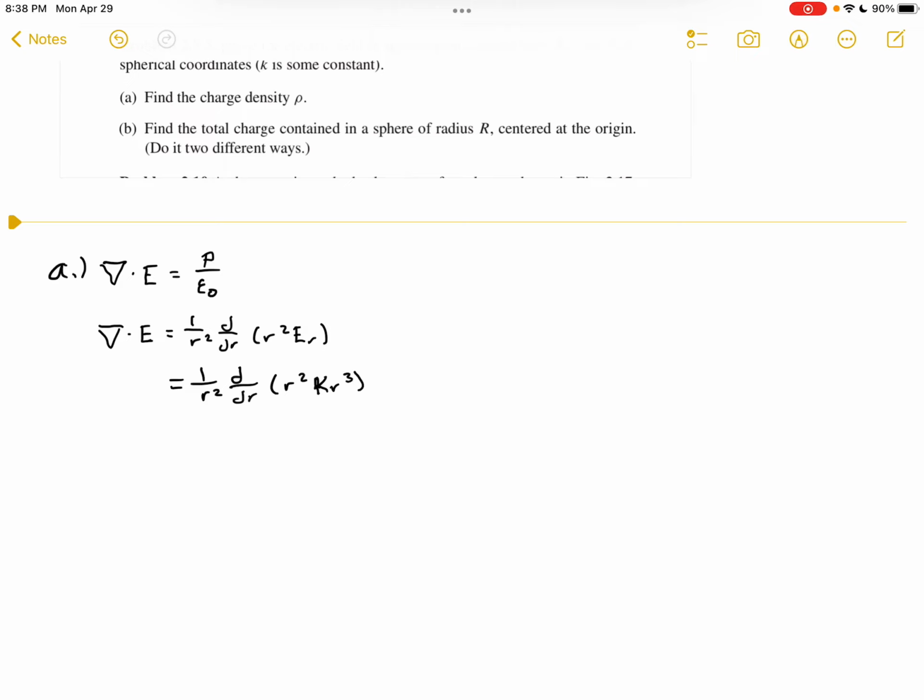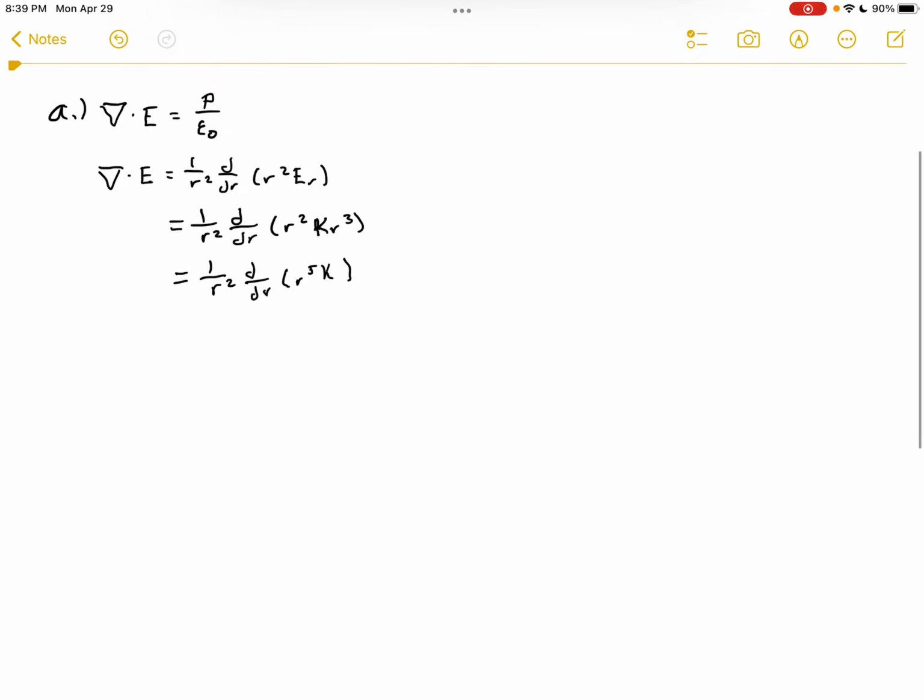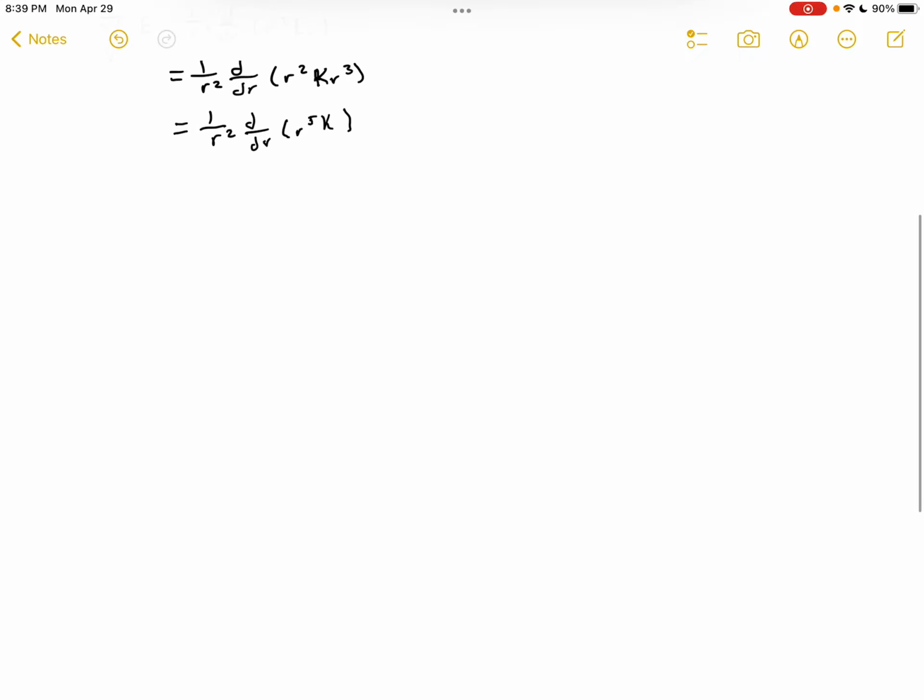So now we want to further simplify and multiply our r's. So 1 over r squared, the derivative with respect to r of k r to the 5th. From here, we finally take the derivative.